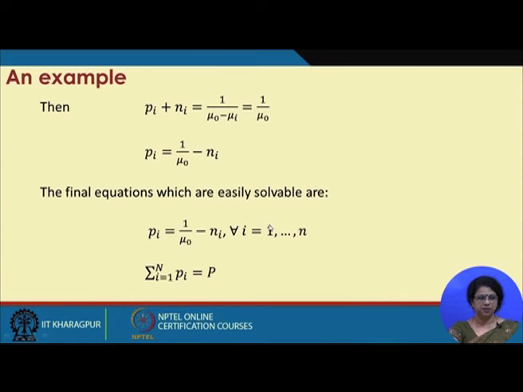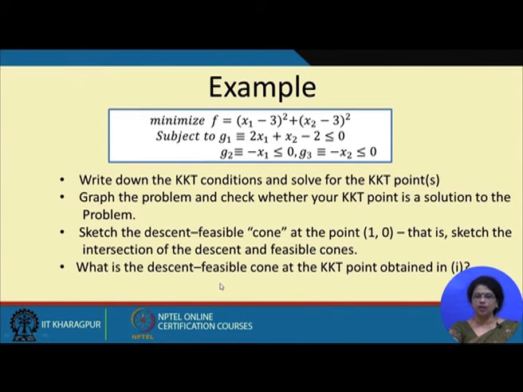I suggest that you complete this problem. Not only this, I am giving you another problem to work with. This is a minimization problem. You have to write down the KKT condition, find out the feasible points, and from there identify which are the KKT points, alright, and draw the graph of it, because this is a two dimensional problem.